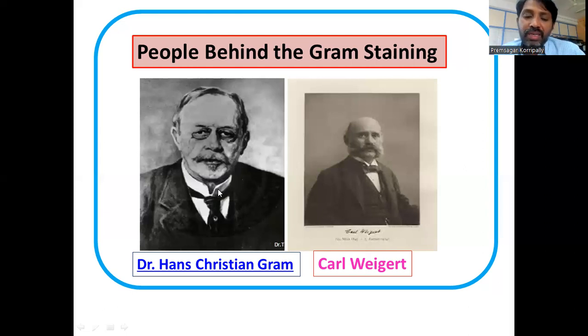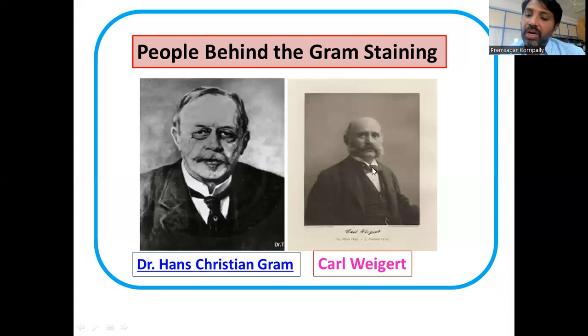Surprisingly, he could see that certain bacteria preferentially retained the color he applied. Other bacteria could not retain the color. The bacteria which could retain the color are called gram positive. They look purple under the microscope.